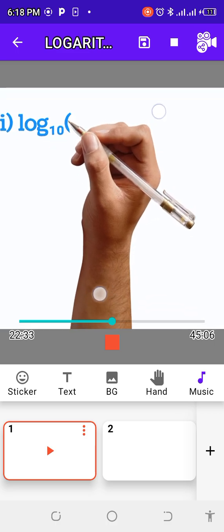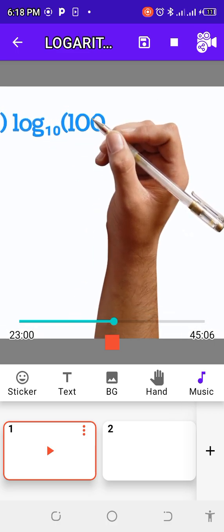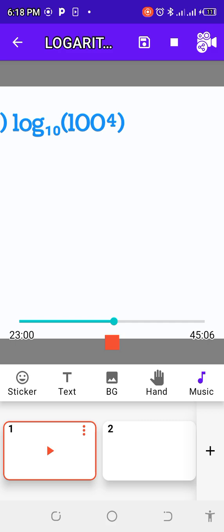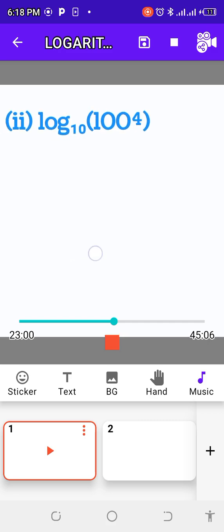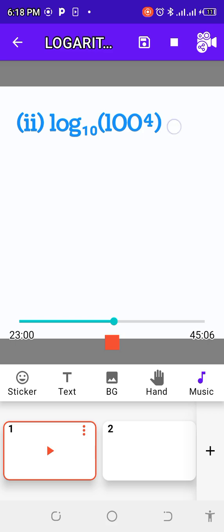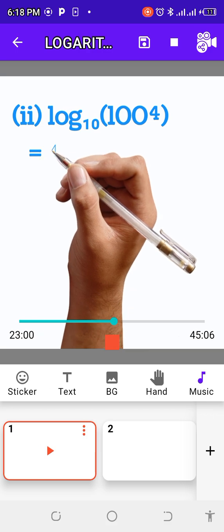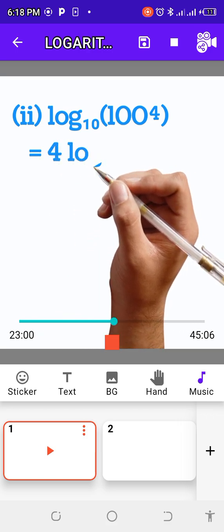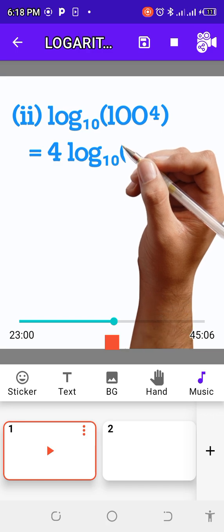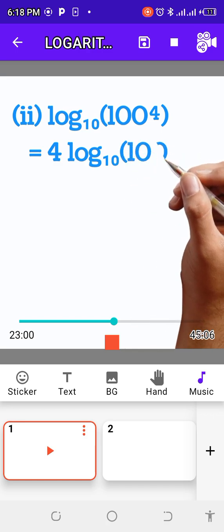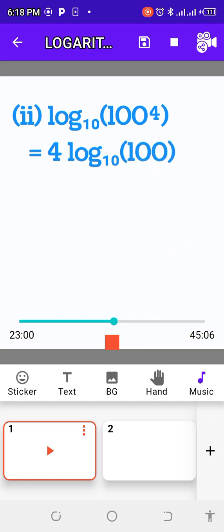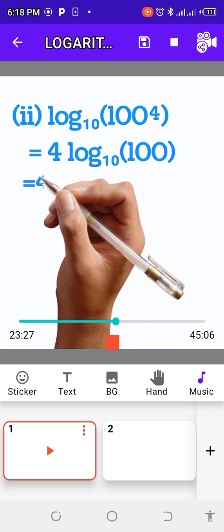Then another example. This is log 100 raised to the power 4 base 10. This is an example of the logarithm law of power, the logarithm law of exponents. It is written as 4 log 100 base 10. 100 base 10 is written as 10 raised to the power 2 base 10.